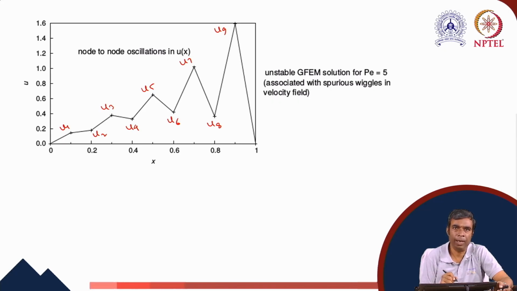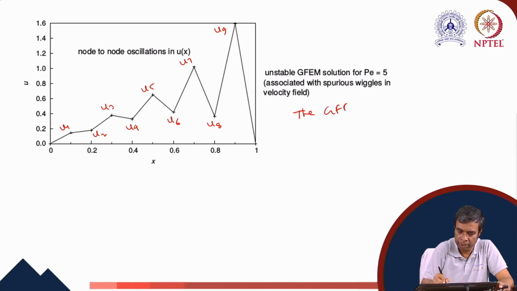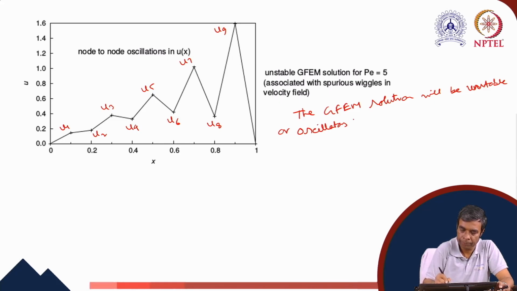So already we have mentioned that the GFEM solutions will be unstable or oscillatory if the modulus of self-Peclet number is not less than or equal to 1.